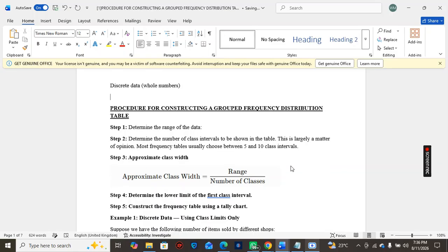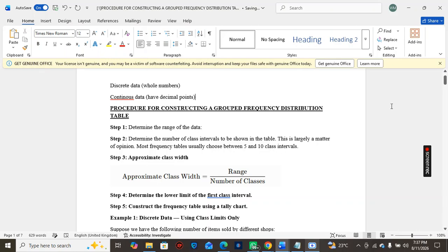Then you've got continuous data. These have decimal points. I'm going to show you how to make a distribution table with both discrete and continuous data.